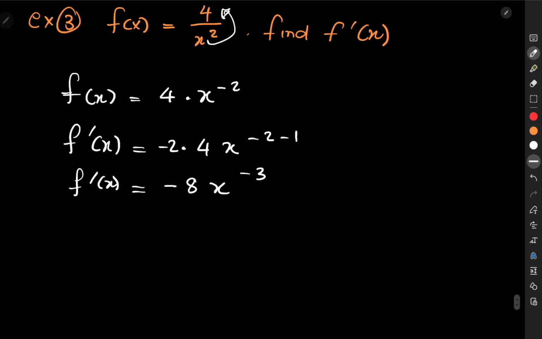So that is the derivative. And if we further simplify that and leave it in positive exponent, our final answer will be minus 8 over x to the power of 3. So that is how we can apply the laws of exponents to derive that value.